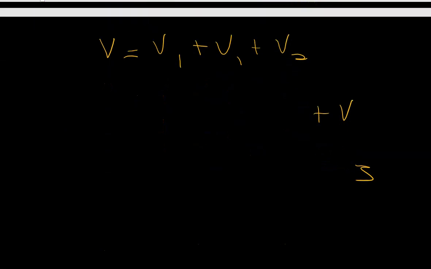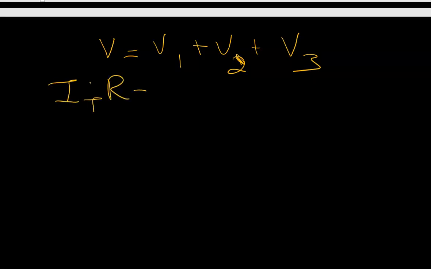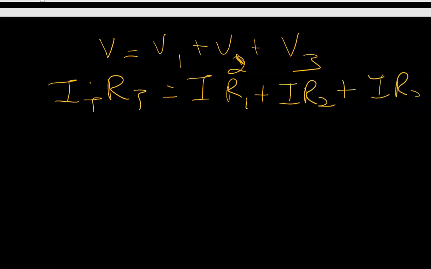Therefore V is I_T R_T, the total current times the total resistance, and that is equal to IR1 plus IR2 plus IR3.